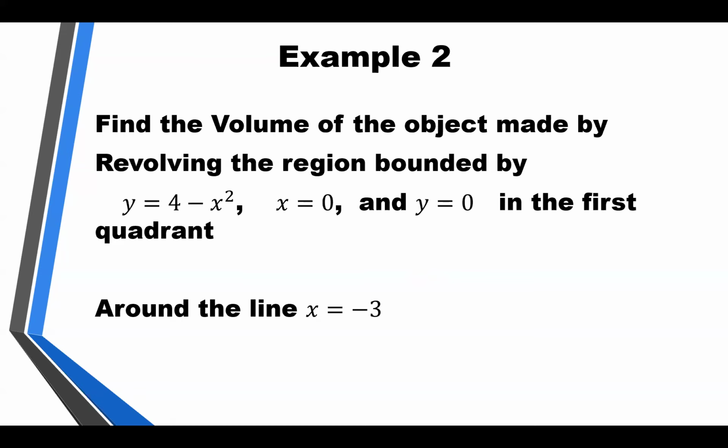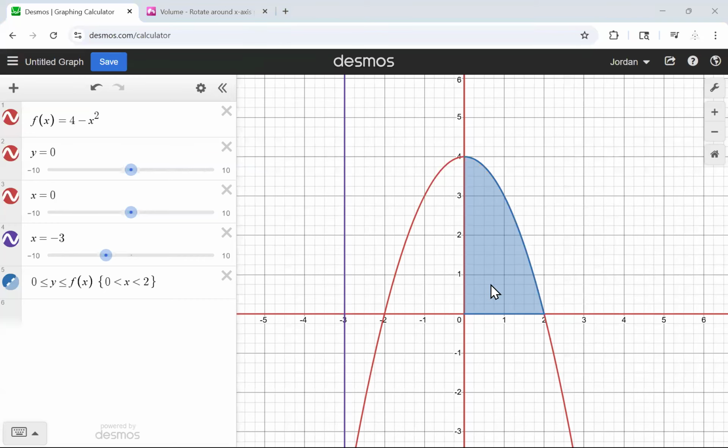So we're going to swap revolving around the y-axis to revolving around the line x equals -3. We've graphed this region earlier, and now we're revolving around x equals -3. So we're revolving around this. Again, x equals -3 is a vertical line.